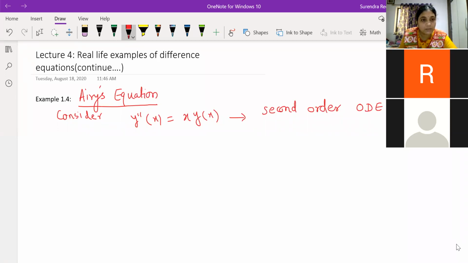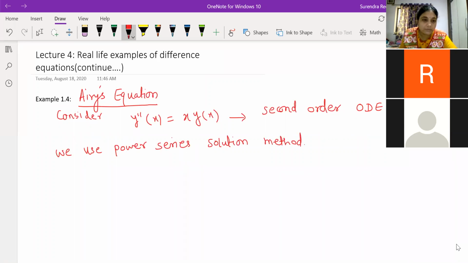In your first semester in ODE, you might have learned the power series solution method to solve various differential equations, right? We use the power series solution method.